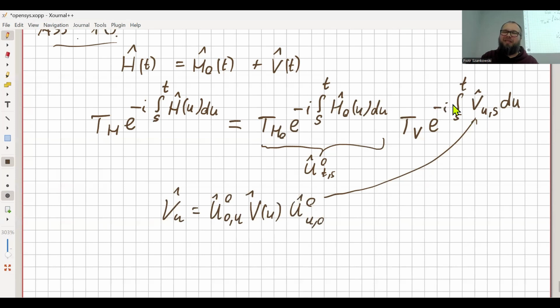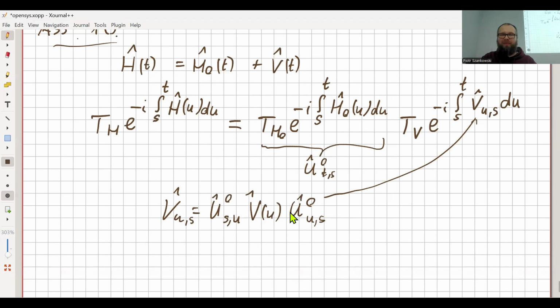The price you pay for this disentanglement is that your interaction picture involves those evolution operators inside. So you would have to write here U0(S,u) V(u) U0(u,S), the V_{uS}.